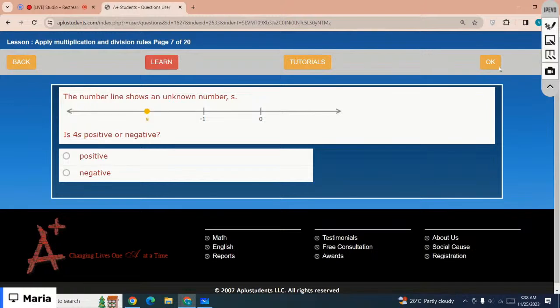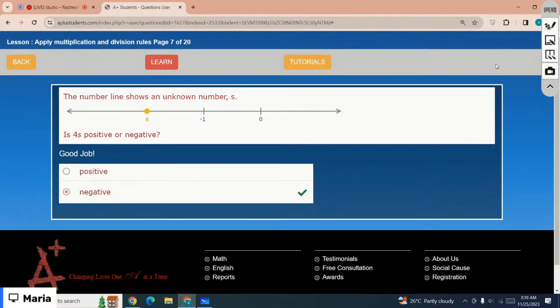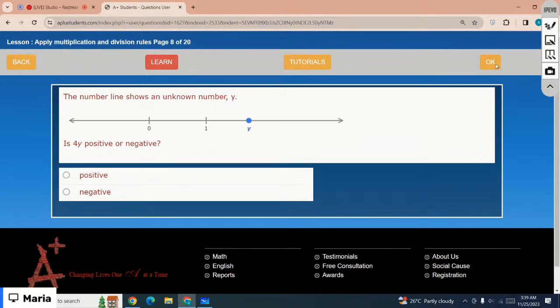Okay, the number line shows an unknown number s. Is 4s positive or negative? Yes, s is a negative number, so the answer must be negative. The number line shows an unknown number y. Is 4y positive or negative?